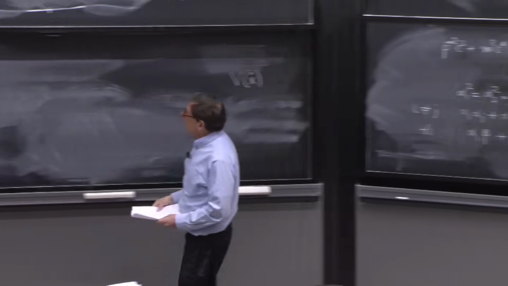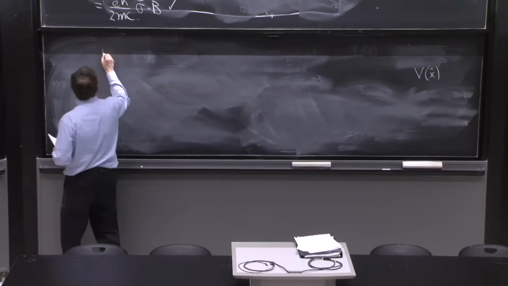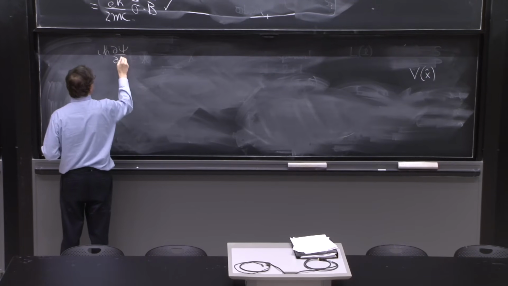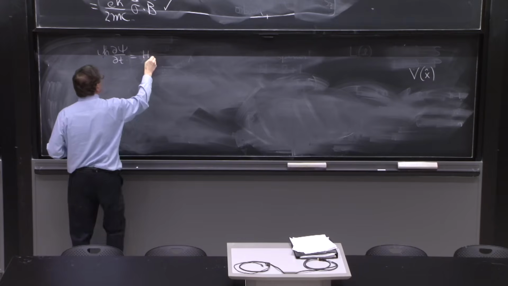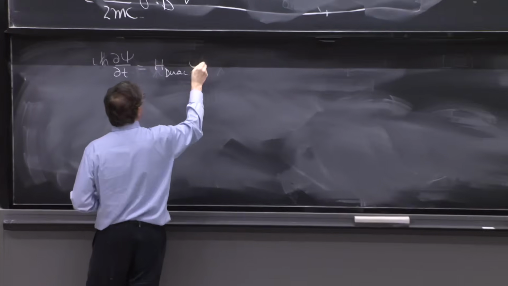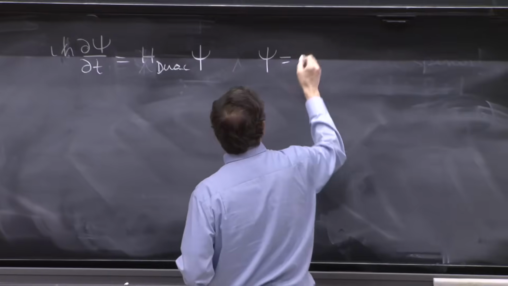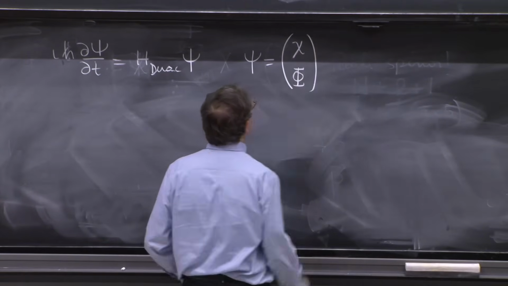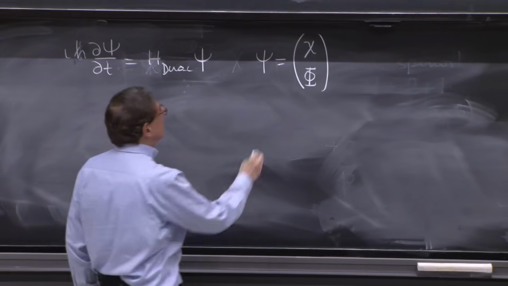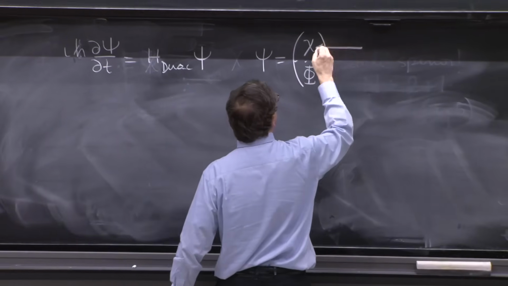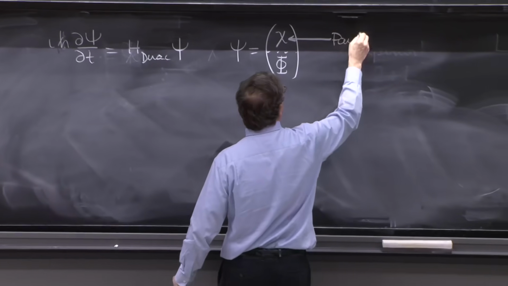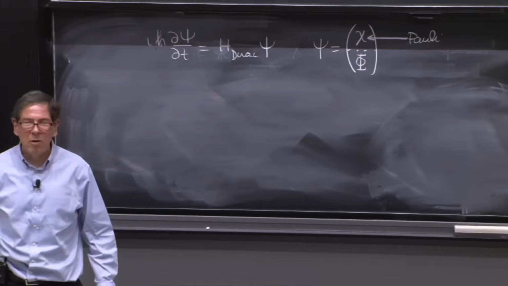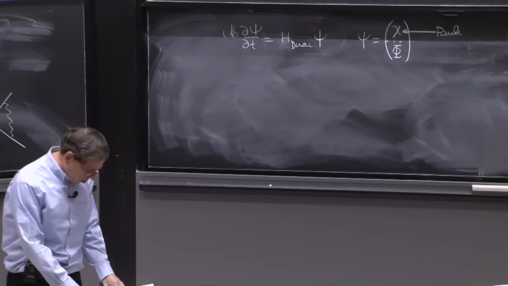So when you write the Dirac equation as i h bar d psi dt equal H Dirac psi, psi is a 4-component thing, a chi and a phi. And what people discover is that chi behaves like the Pauli spinor, and this one is a small thing, small correction.